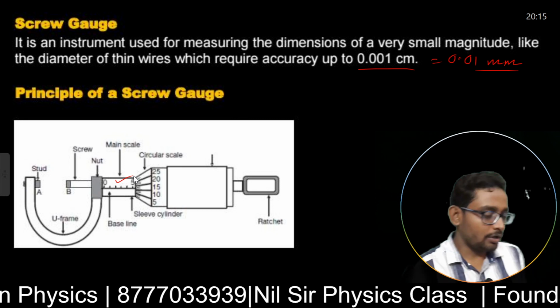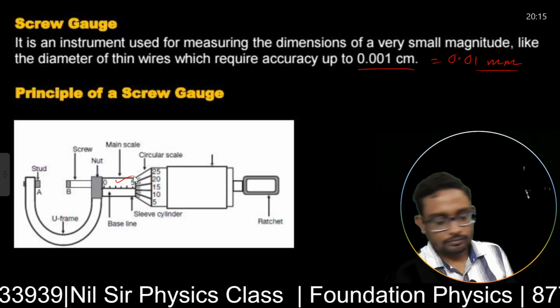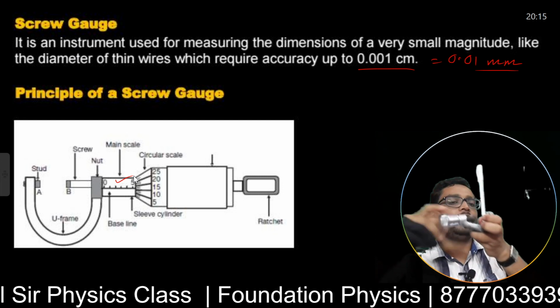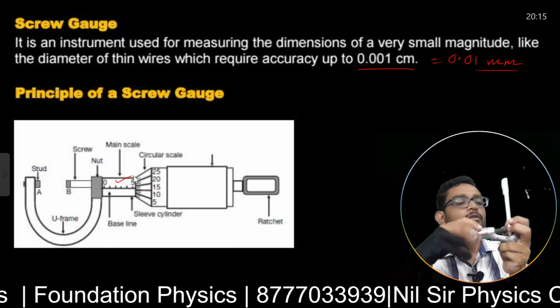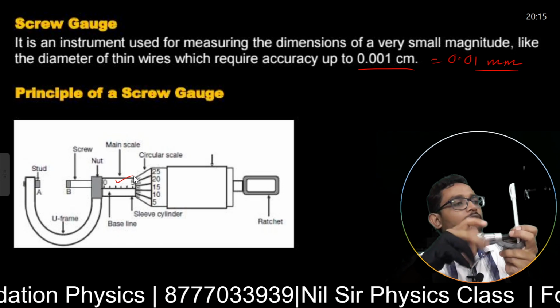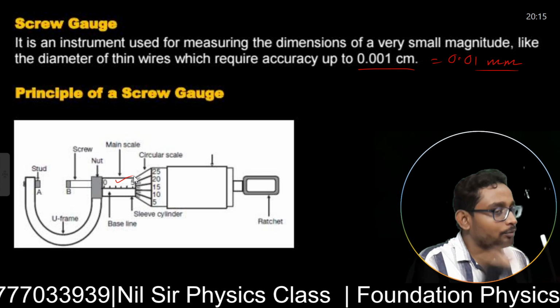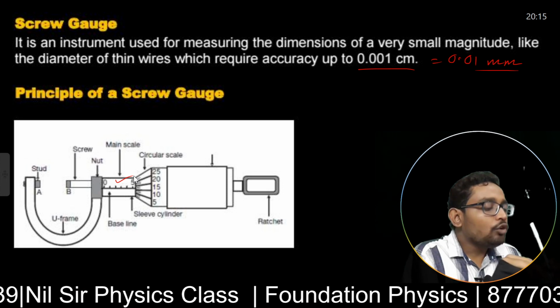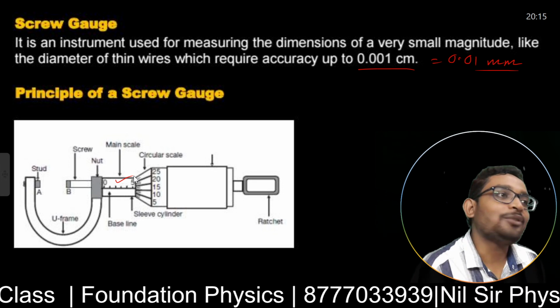Okay, so you can place a very small object like this, you can rotate, and after some time it will be fixed at some point. Now you will find the main scale reading from the main scale, and you will find a point which coincides with the circular scale.